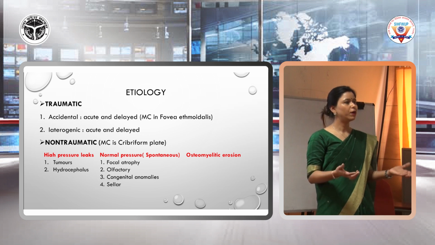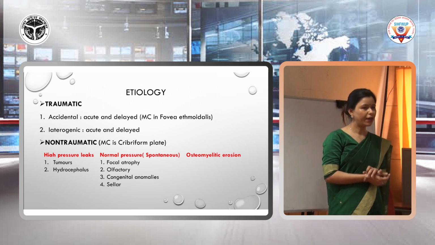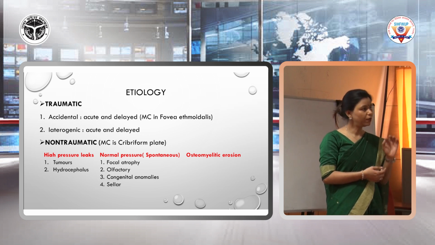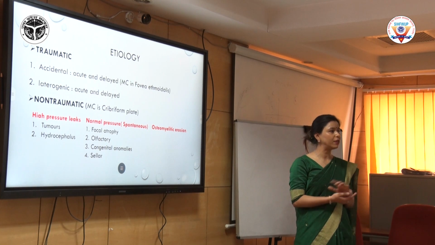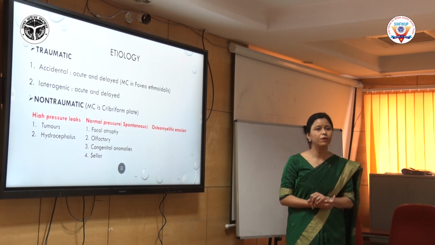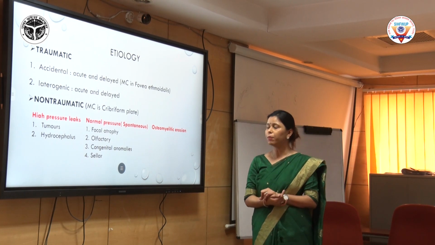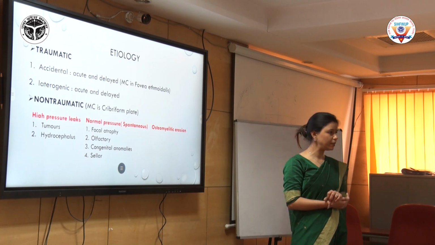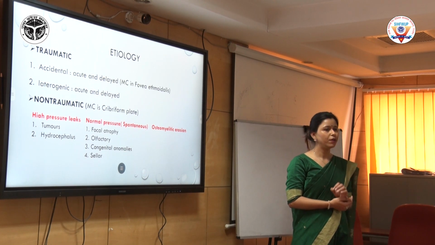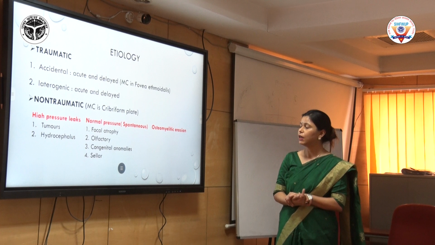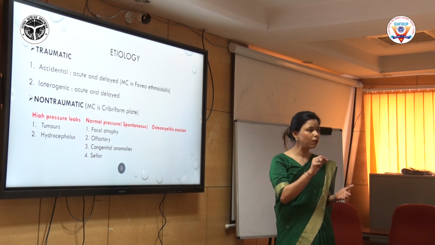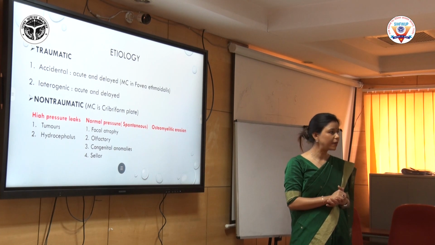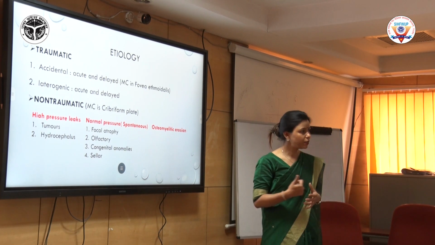Whenever one is not able to localize the actual site of leakage, we explore the cribriform area and we repair it also. High pressure leaks could be because of trauma or because of hydrocephalus. And normal pressure leaks are also called spontaneous leaks. They are very rare, only 3 to 4%. Normal pressure leaks could be because of focal atrophy, local erosion, point erosions, or olfactory.